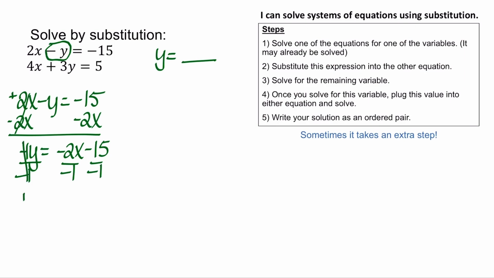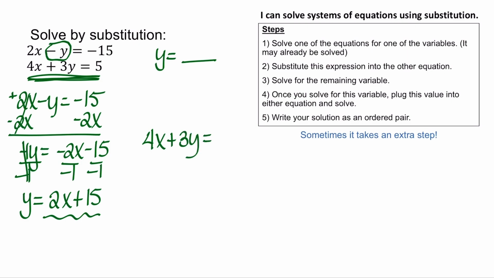So I have y equals negative over negative will be positive, so I have positive 2x, and then minus 15 over negative 1, those two negatives will cancel, giving me plus 15. So now I have an expression I can substitute into this second equation for y. So I have 4x plus 3y equals 5, and when I substitute, I have 4x plus 3 times 2x plus 15 equals 5.